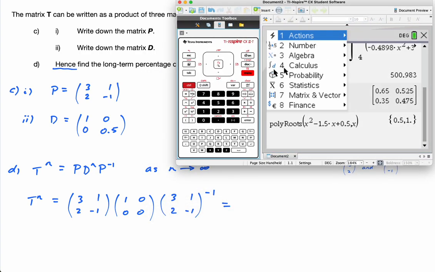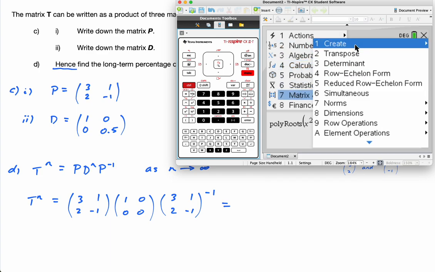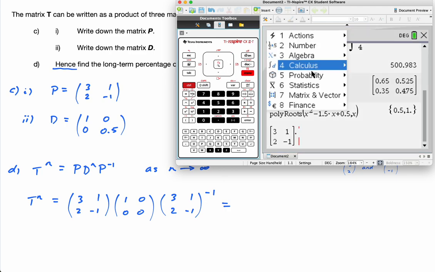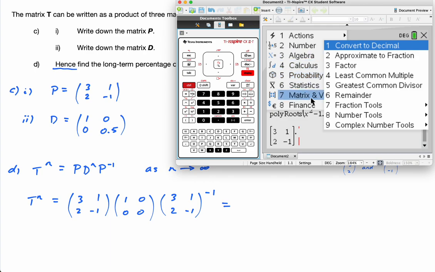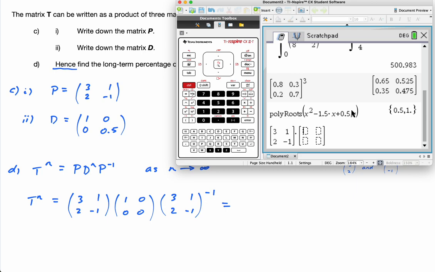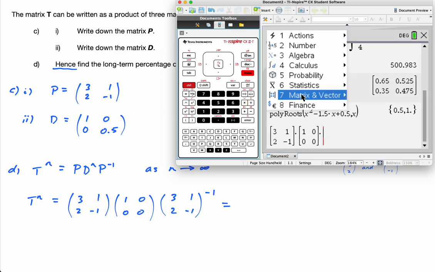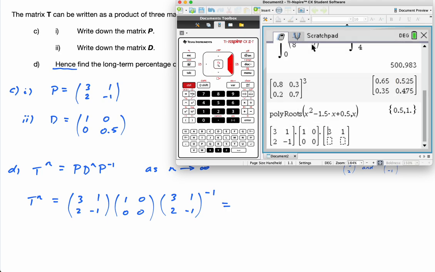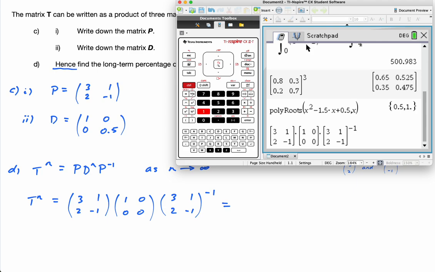I'm going to do menu, matrix, create 2 by 2, and then enter 3, 1, 2, minus 1, times another matrix, create 2 by 2, which is 1, 0, 0, 0, and then times another matrix, 3, 1, 2, negative 1, and this is to the power of minus 1.